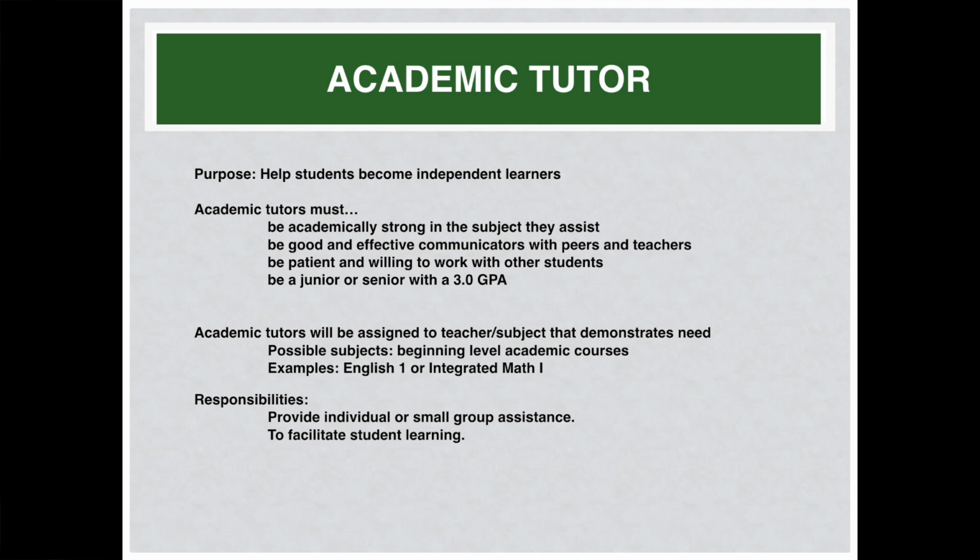This course is open to 11th and 12th graders. Students will be assigned to teachers based on student skill level and the need in the subject area, such as High School English 1 or Integrated Math 1.